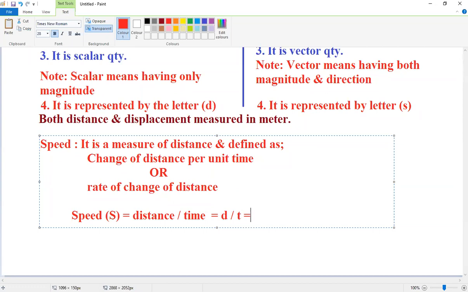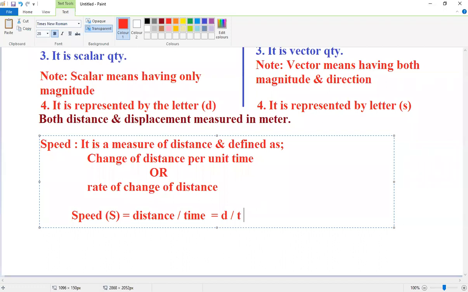The total speed can be written as capital D upon capital T, and small d by small t will tell you the instantaneous speed, at an instant how much speed there is. Getting it?